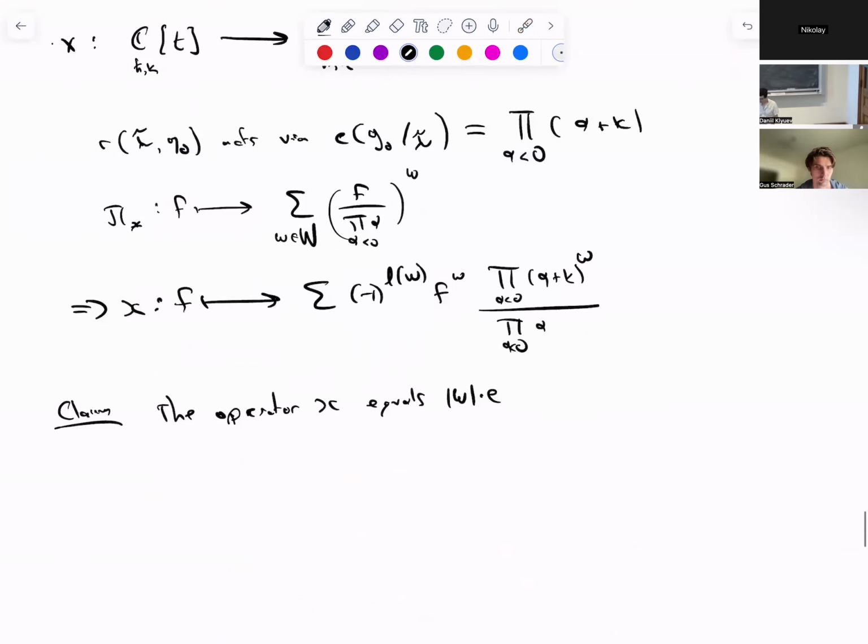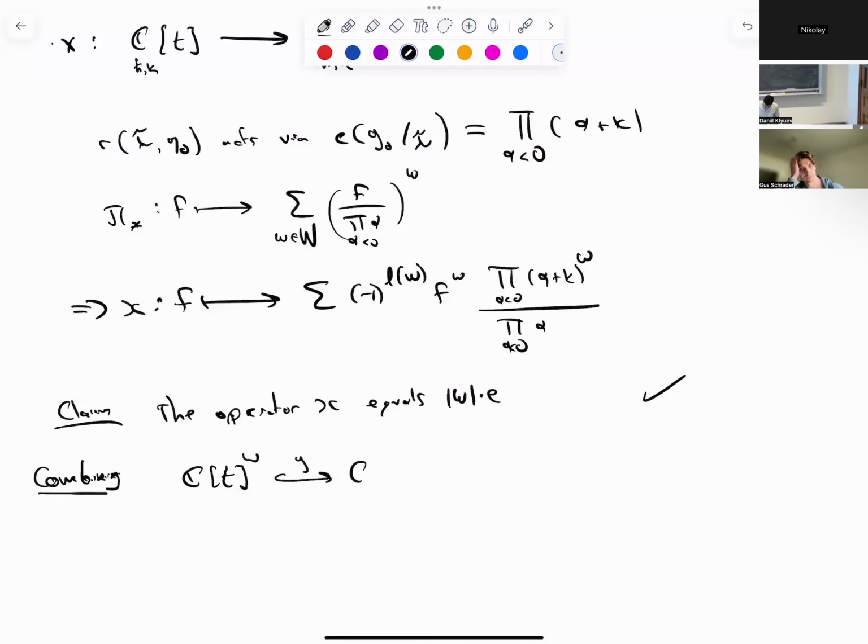And just combining all, I will try to go a little bit quicker now. So combining, we get the inclusion, and here R equals R prime. And then we go to averaging.